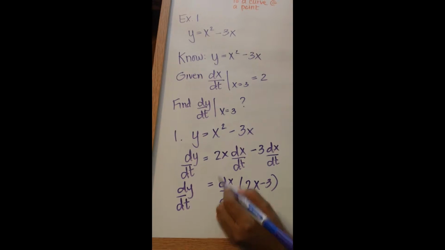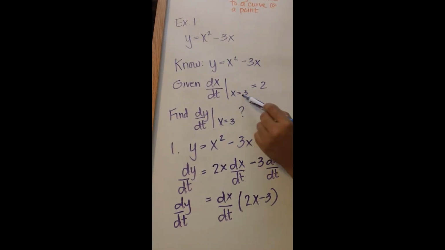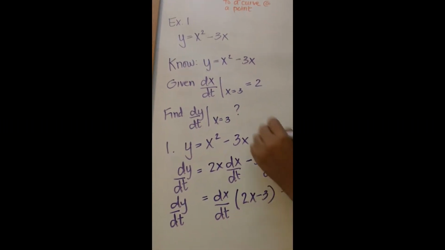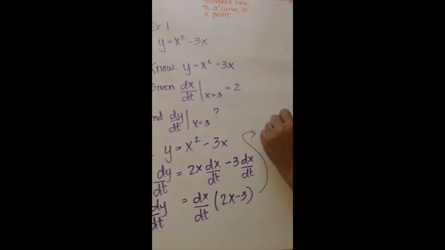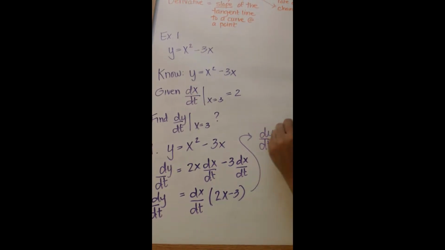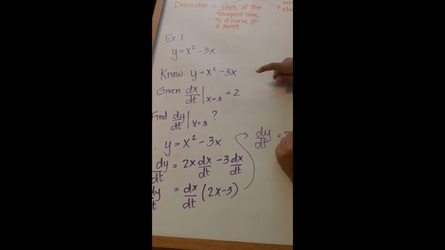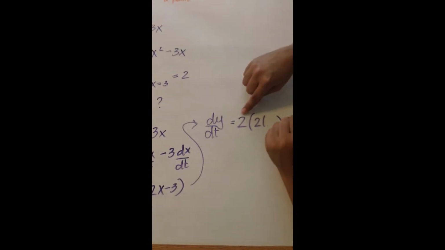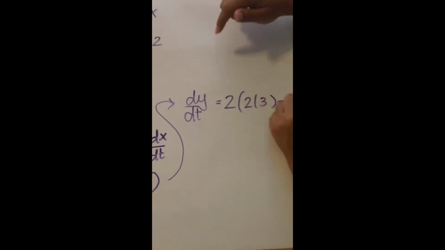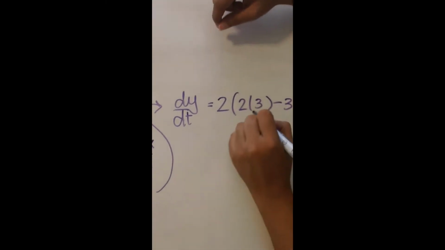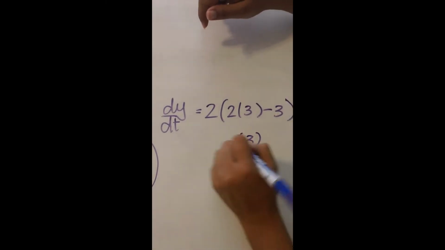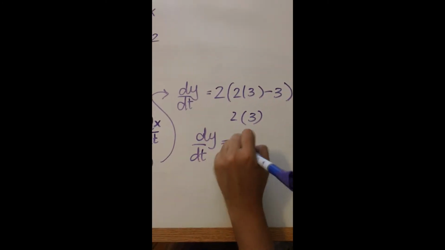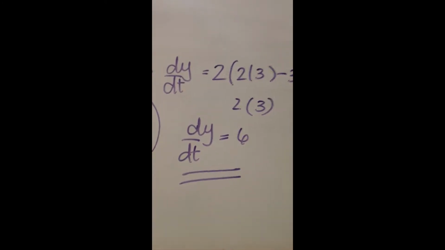Now, we were given dx/dt when x was 3 to be 2, so we can substitute that in. So dy/dt equals 2 times (2 times the x that we used, which was 3, minus 3), and that's 6 minus 3 is 3, 2 on the outside, so really dy/dt is equal to 6. And there's your answer to the first one.